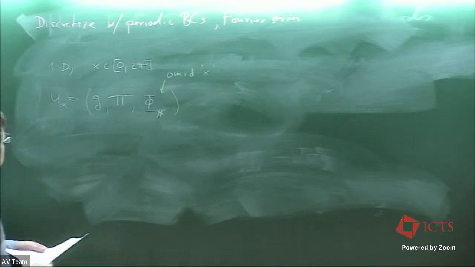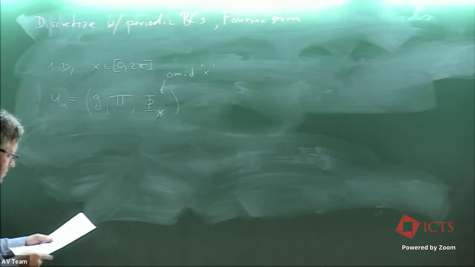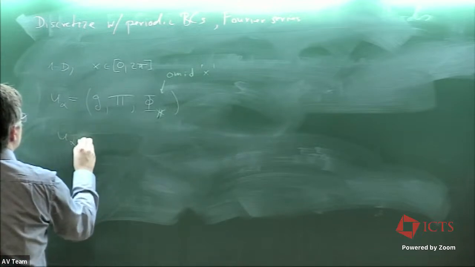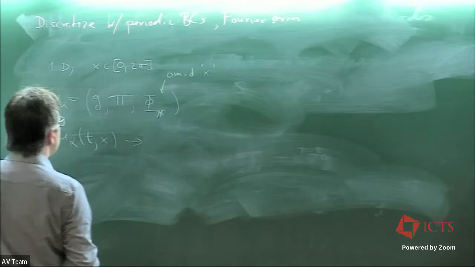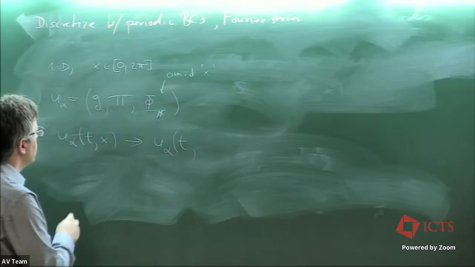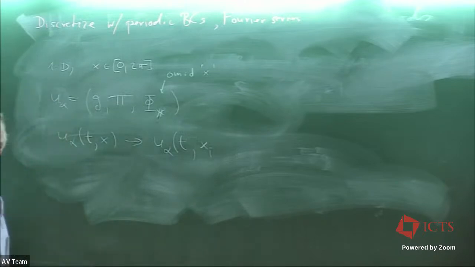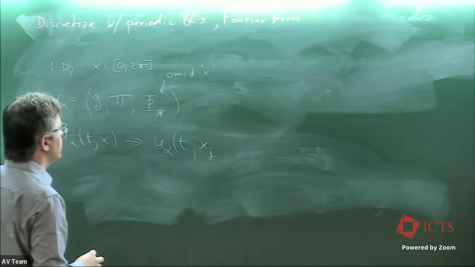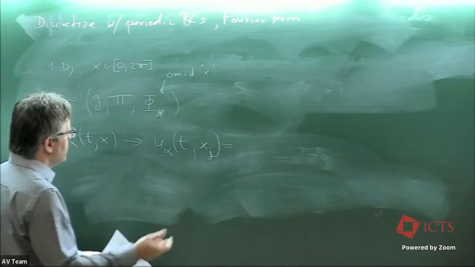The idea is now to discretize space, but to keep time still continuous. So our U alpha of t, x is going to turn into a U alpha, still in continuous time, but now x becomes discrete, our Fourier collocation points. We call them xj, so let me stick with the j notation. And this is now no big surprise.